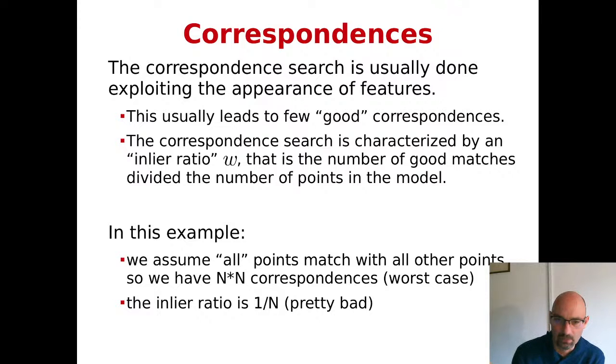Basically, you have 2 point clouds and the correspondences are each point with each other point. So you have n times n or n times m correspondences. And then accordingly, given that only one will be correct, the inlier ratio is 1 over n, because you have n squared divided by n.